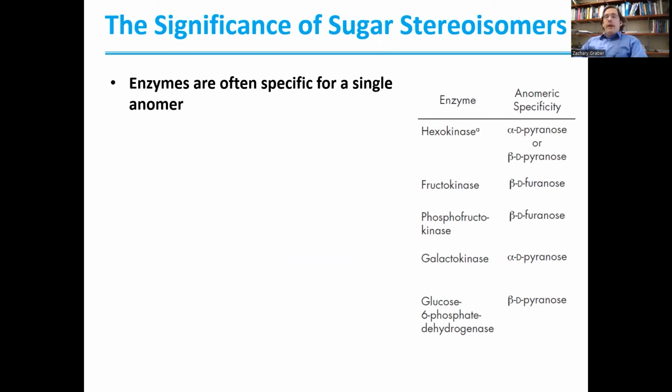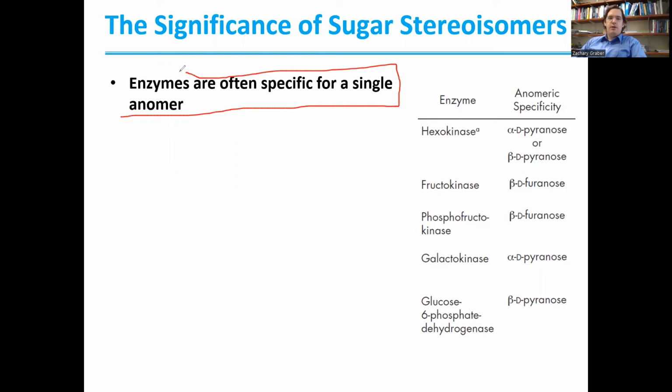Now, it's important to note that while these are fairly small changes, and they can, of course, switch between those two different anomers, it will still affect our behavior for that sugar, right? You can't instantly convert from one anomer to the other. So you will still see a different effect depending on which anomer you have present. Most of our enzymes are actually specific for a single anomer.